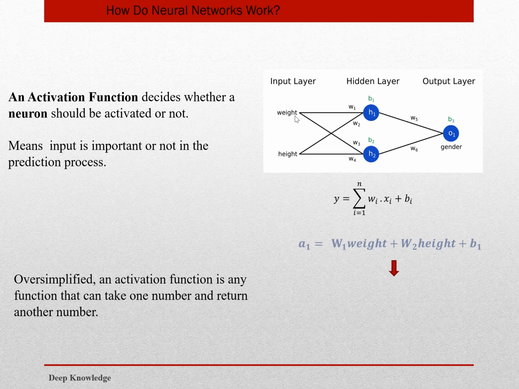We multiply weight by W1 and height by W2 to find E1. And now this H1 has to be activated. We use the activation function to make the output. This is the input E1, which is this equation, and H1 is the output as an input to the next layer.